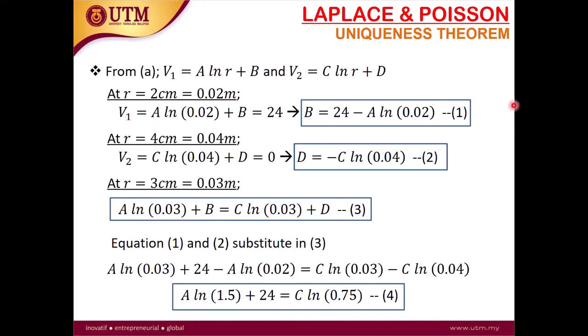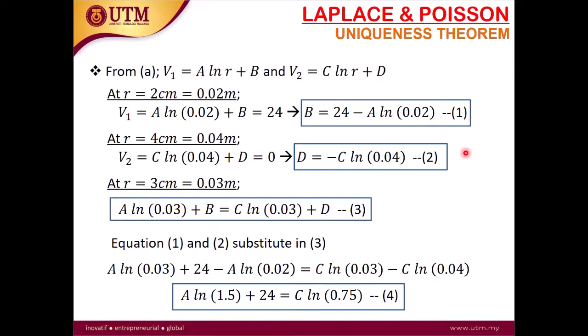This is the first equation. Then, at R equal to 4 cm or 0.04 meters, we have V2 equal to C ln 0.04 plus D equal to 0 because this is ground. From here, we can rearrange to get D equal to minus C ln 0.04.